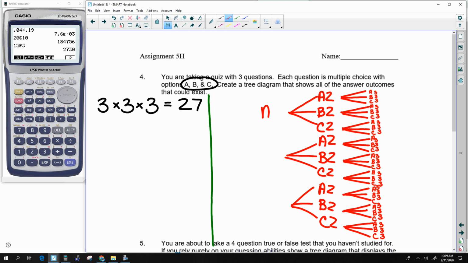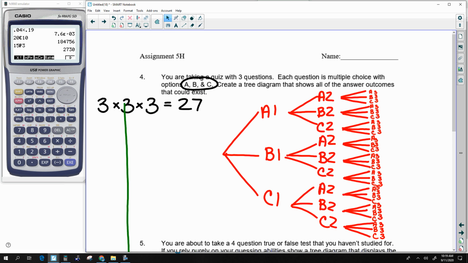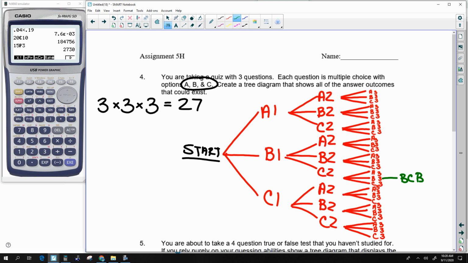On to question 1, which is A, B, and C. So again, if I take a look at any one of these potential answers, it will be something that would be truthful. So this would be B, C, B. That could be a potential answer to one of these quizzes. Not like question 1B or something like that.